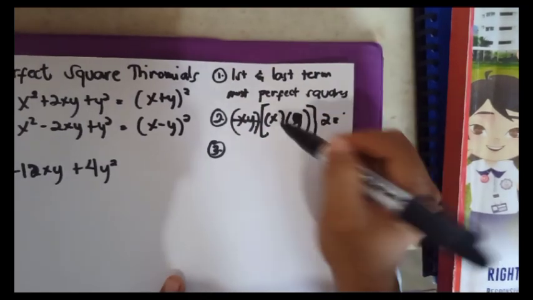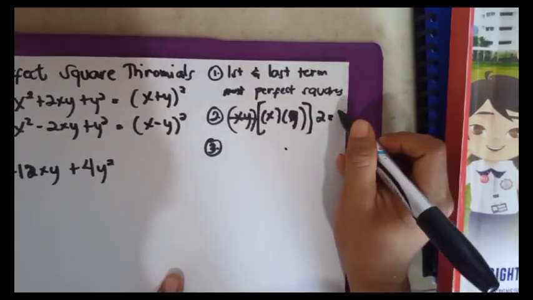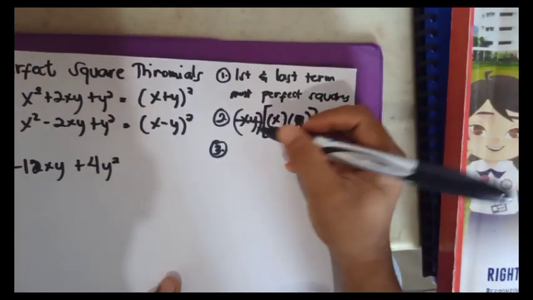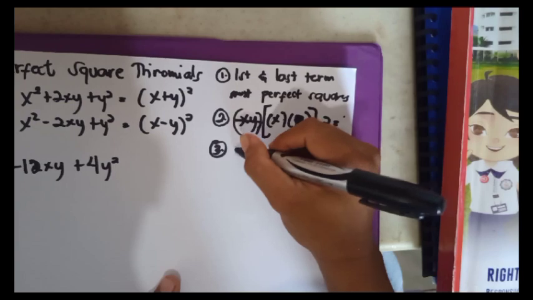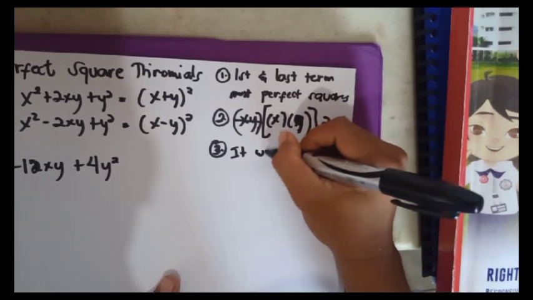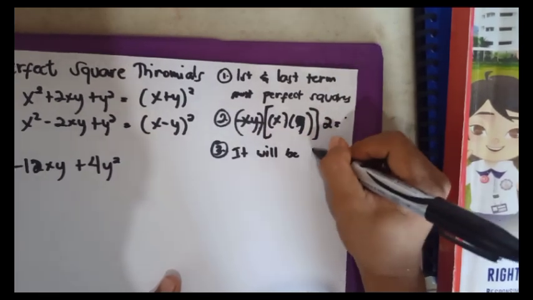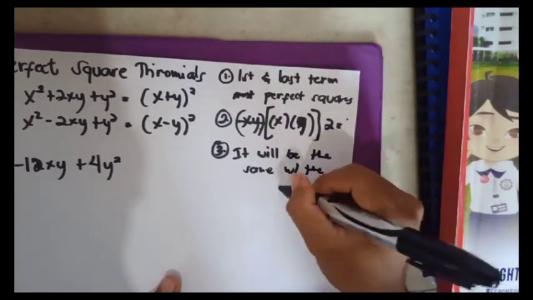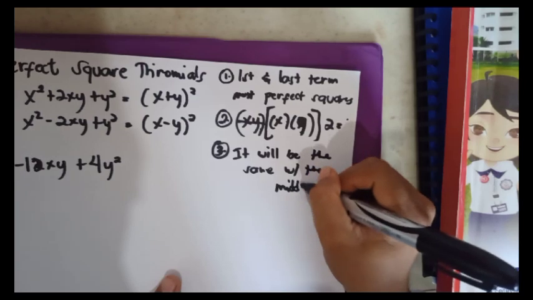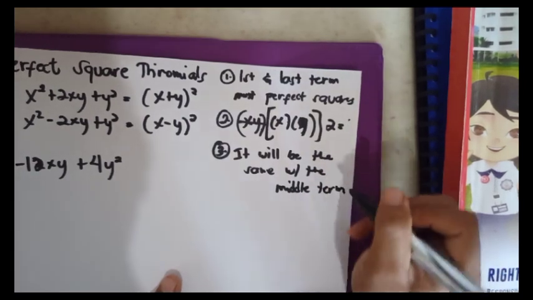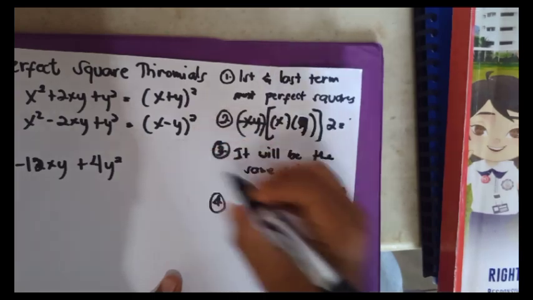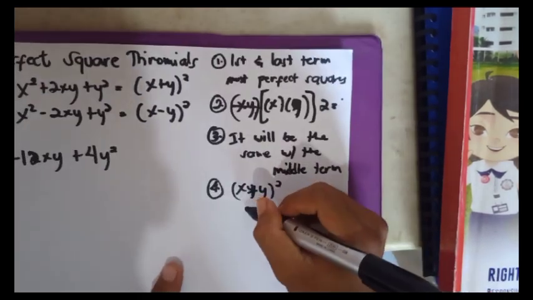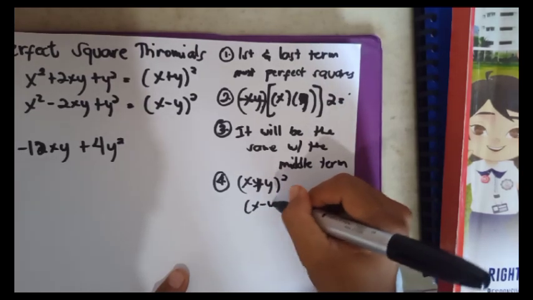This is the pattern. And then if it arrives at the same middle term, then the third step, it will be the same with the middle term. The fourth step is to apply the formula.